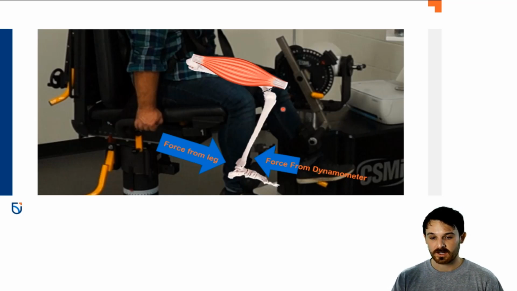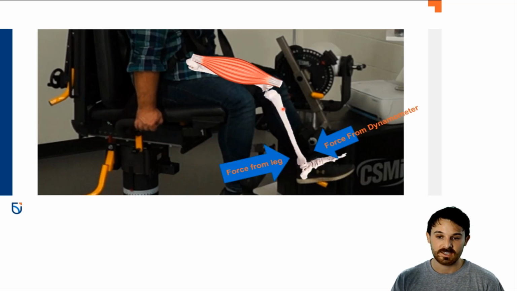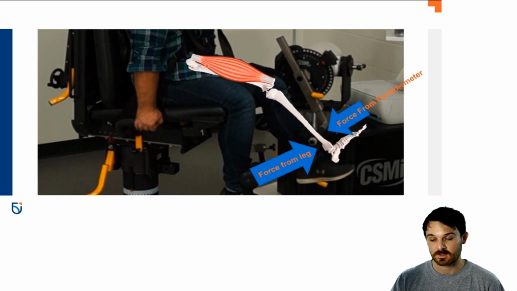So the force vector from his leg is going to be a little bit larger than from the dynamometer, and as he kicks out, that muscle is shortening. That's what a concentric contraction would look like.